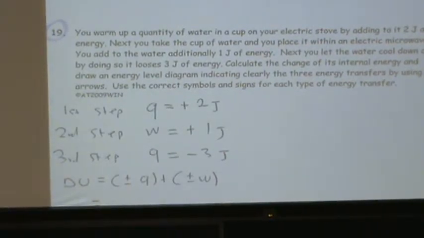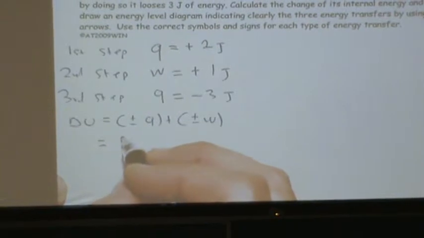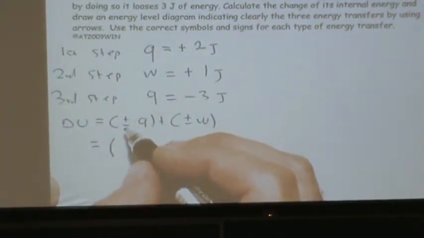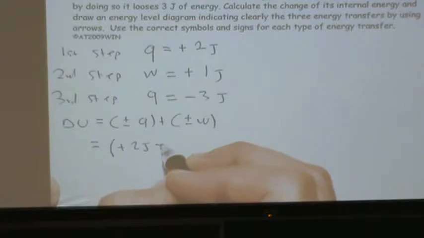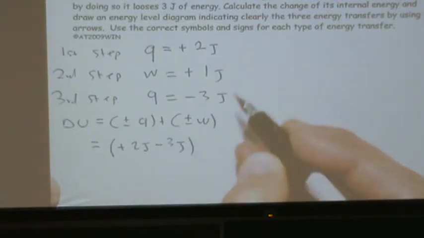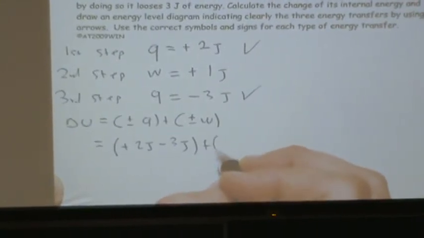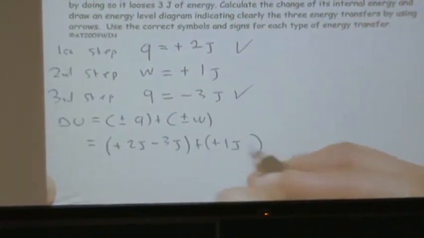It can be many, it doesn't have to be only 2, it can be a lot. So it's going to be parenthesis, for the 2, it's going to be plus 2 joules minus 3 joules, because it's this one and that one, right? And then plus work. Only one kind, it's going to be plus 1 joule.